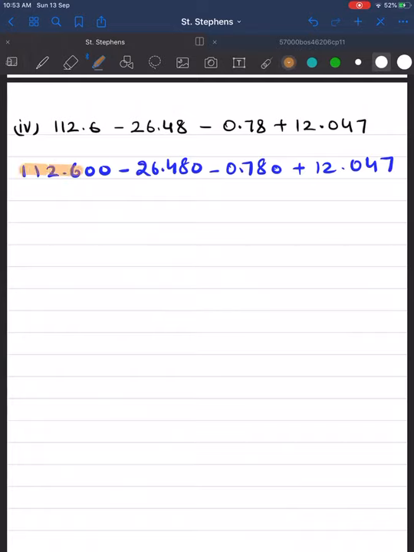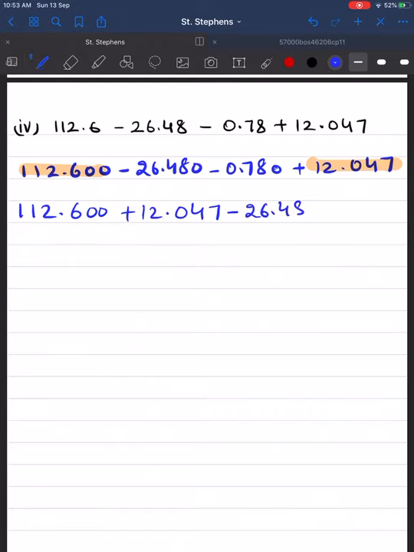So here the first and fourth decimal numbers are positive. So let's write them together. So we get 112.600 plus 12.047 and then we write the negative decimal numbers 26.480 and 0.780.